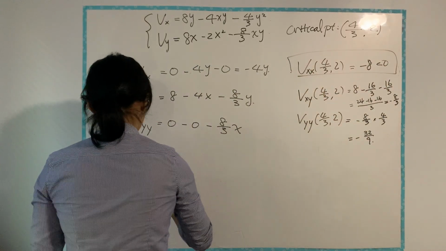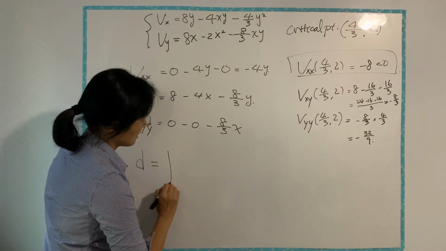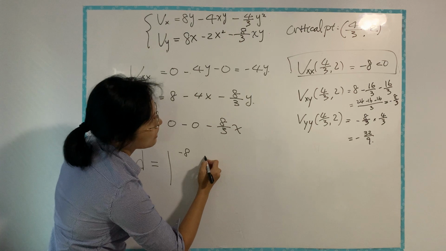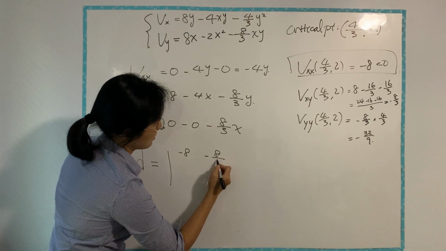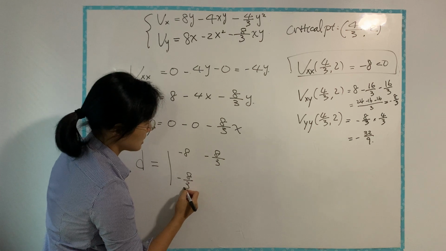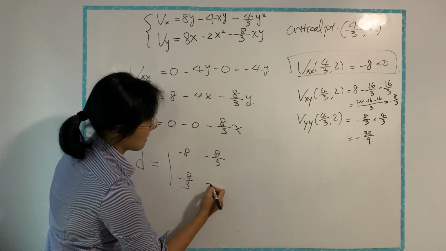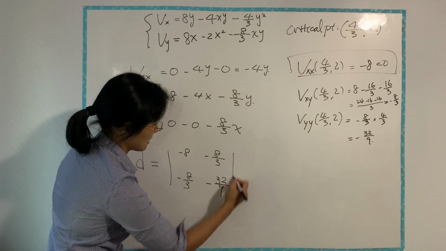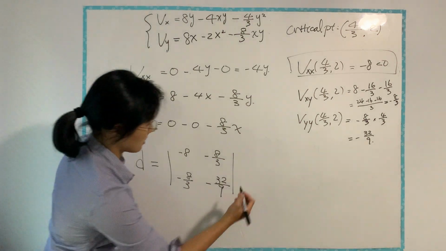Not done yet. Find the D. So D is minus 8, minus 8/3, minus 8/3, minus 32/9. Okay, take the determinant.